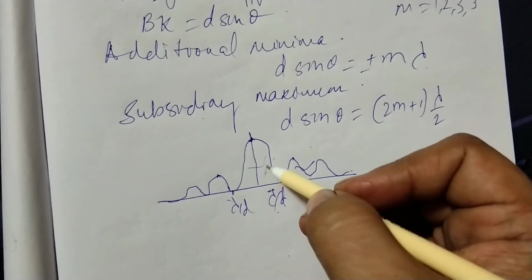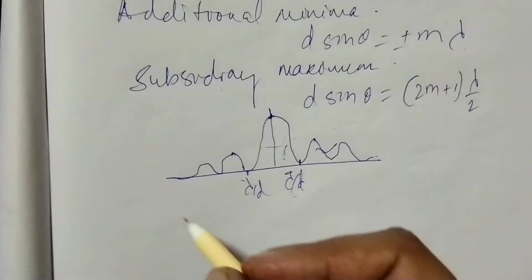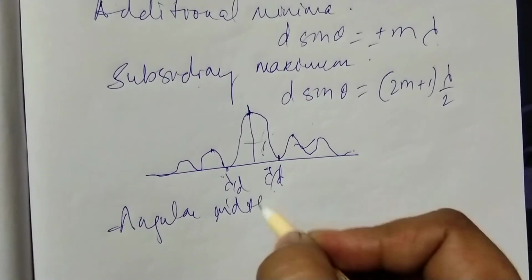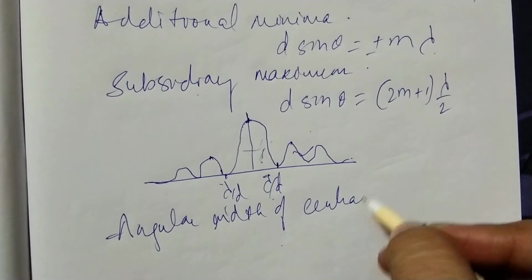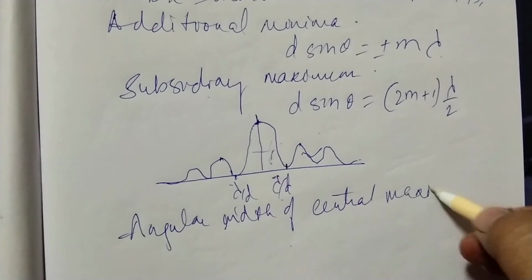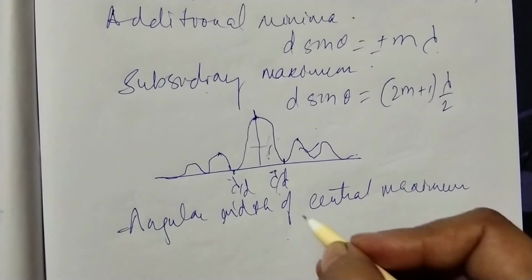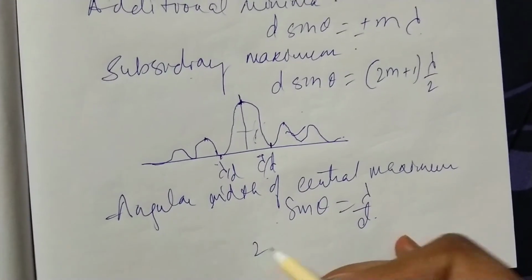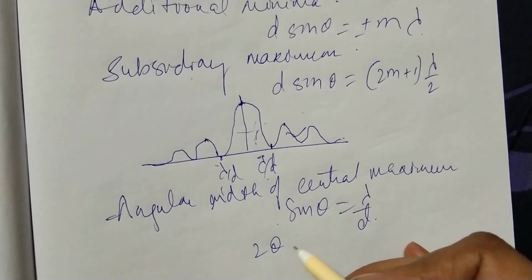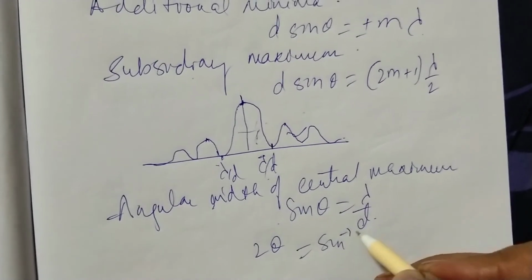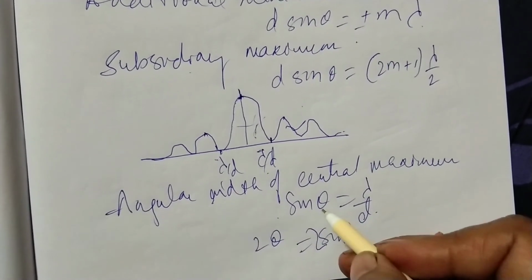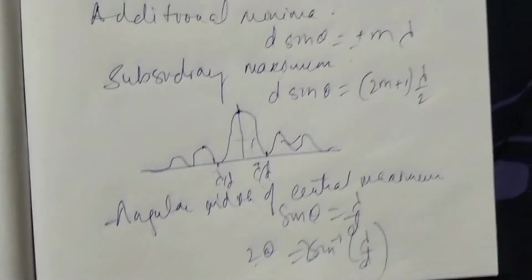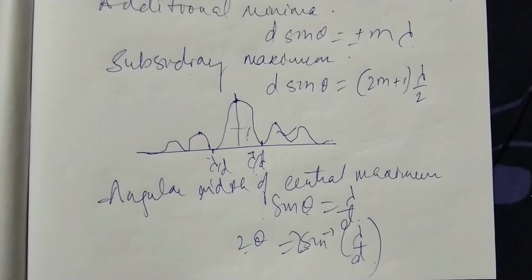The angular width of the central maximum is given by sin theta equals lambda by d, so 2 theta is equal to 2 sin inverse lambda by d. This is the condition we have for the angular width.